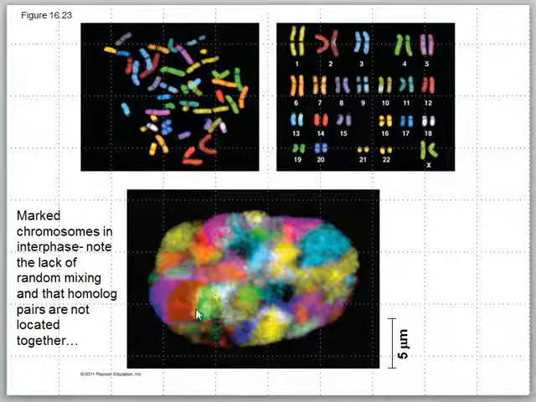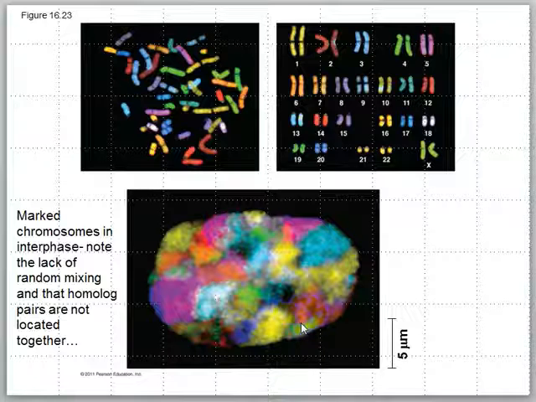But notice, they are not just completely intermixed. This would be after they go through metaphase and are fully compacted, and we could take a photograph and lay out a karyotype like what you see here. But here's an interphase. Notice it's not just like a big bowl of spaghetti. Even though they're not completely compacted, the chromosomes have their own little separate areas and they're not all intermixed.